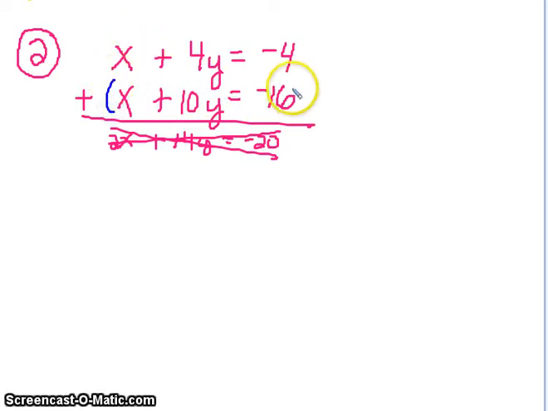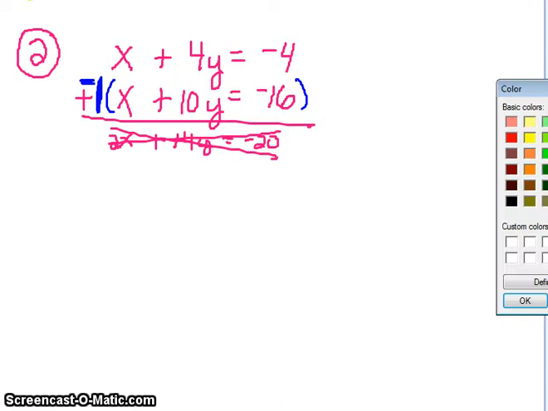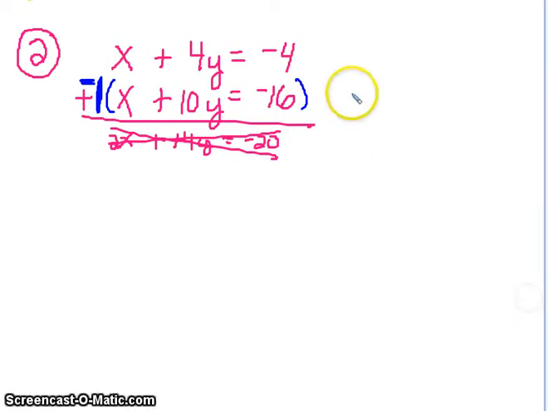So I'm going to multiply everything on the bottom equation by negative 1. As long as you multiply every single term by negative 1, it's legal. Both sides of the equation. And the great thing about that is then something's going to cancel.